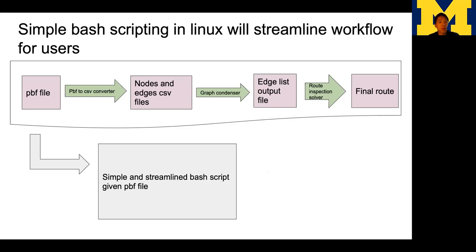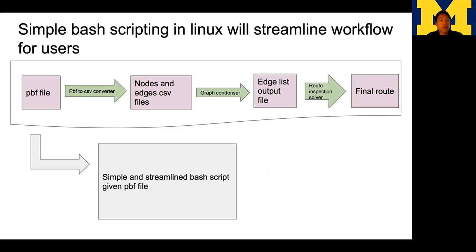So for example, we might need to compile a certain program, for example, the route inspection program. And instead of manually inputting the compiler arguments, we can just simply use a bash script that can abstract the minor details from the user.